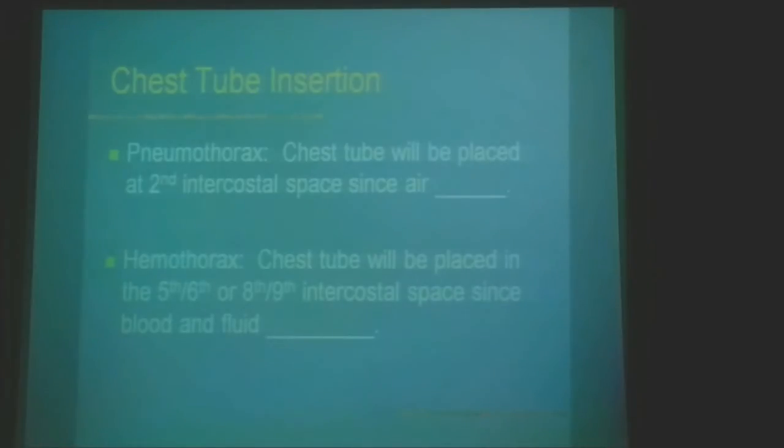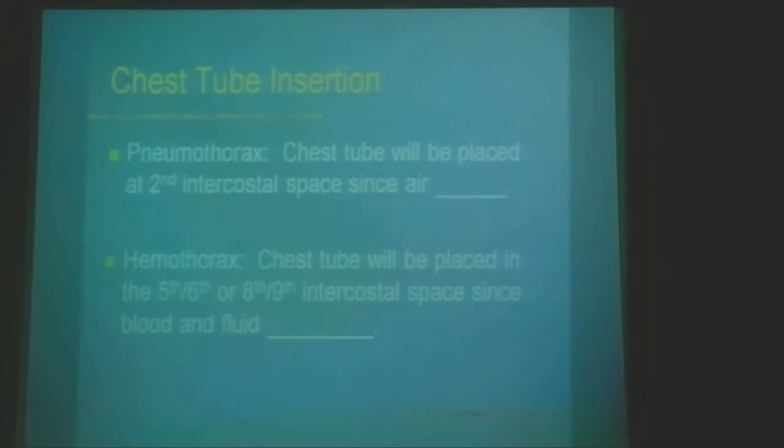So if you put your patient in ICU at 45 degrees or supine, where will the air go? Up where? Apex or anterior or posterior? If the patient is supine, the air will be anterior, right? Because when I'm supine, this is the most upper point of my body. If I'm standing, the most upper point is the apex.